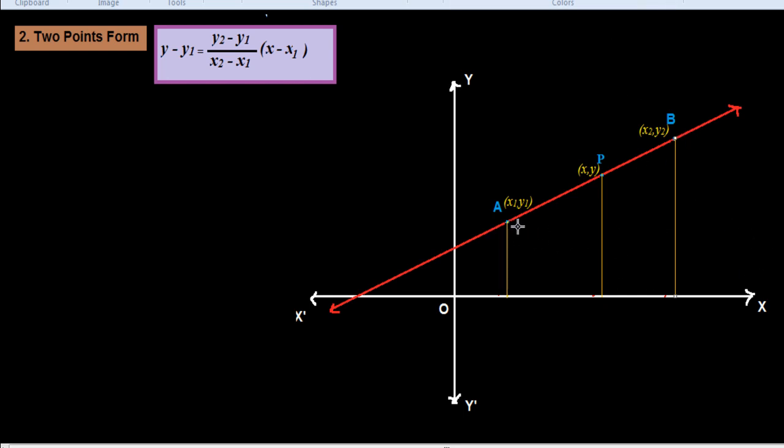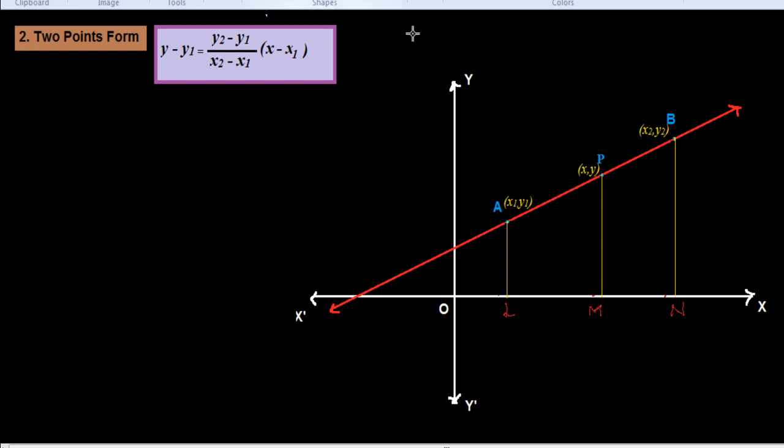I give names to these points on the x-axis: this is L, this one is M, and this one is N.